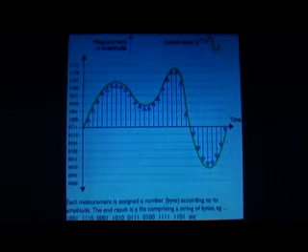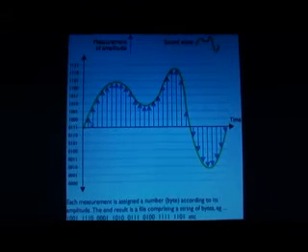Okay, this first point has this number, and another point has another number, and this is the way the device converts the analog sound to digital.